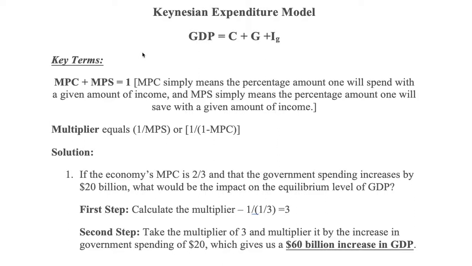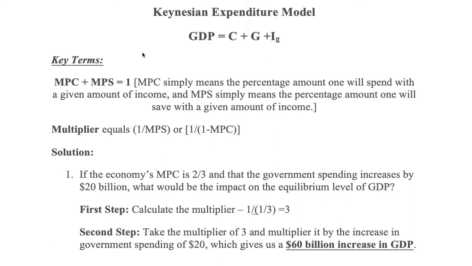And if you are the one that receives my 90 cents, you're going to what? Spend whatever your MPC happens to be, and let's assume it's 90%. Therefore, of that 90 cents that you received from me, you're going to spend 90% of it and save 10%.